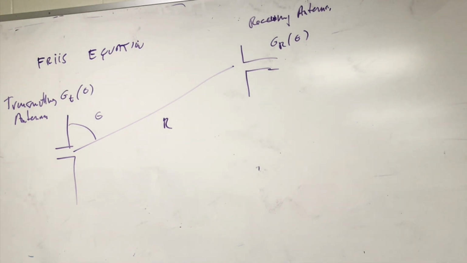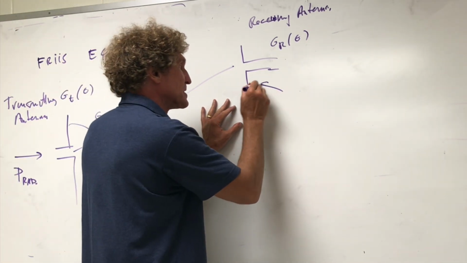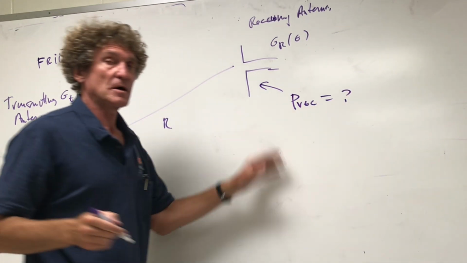We're trying to find out, if this antenna is transmitting P rad, that much power is being supplied and it's radiating that much power, how much power is actually received by this? What is P received? So that's the question we're going to tackle.